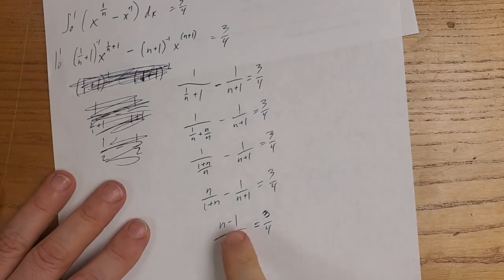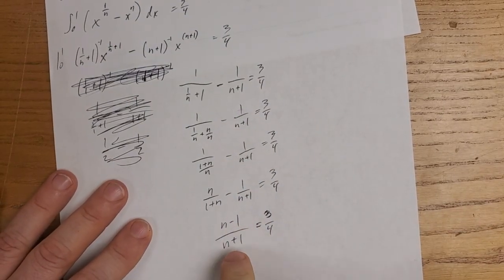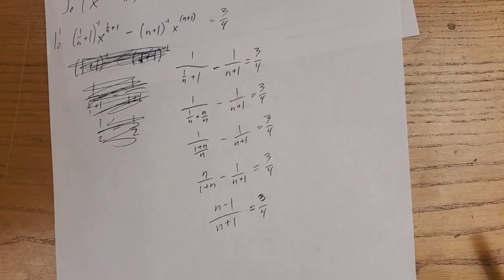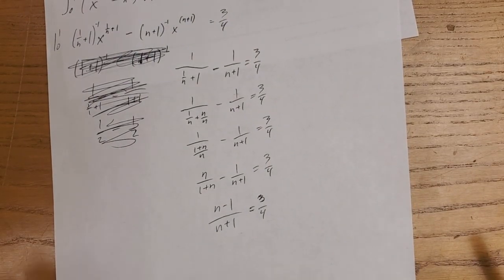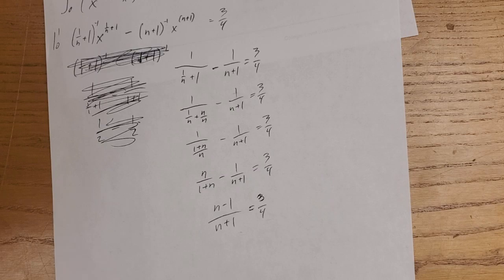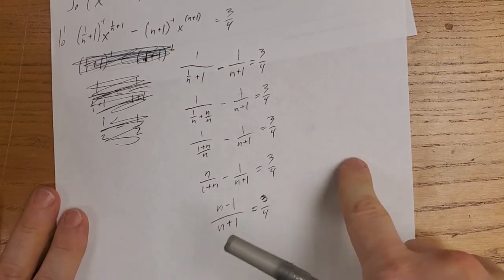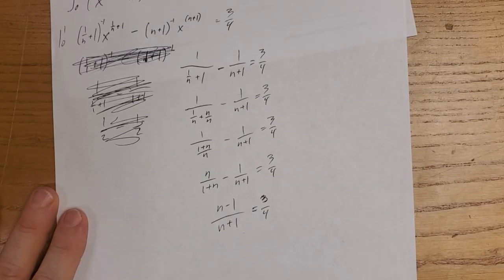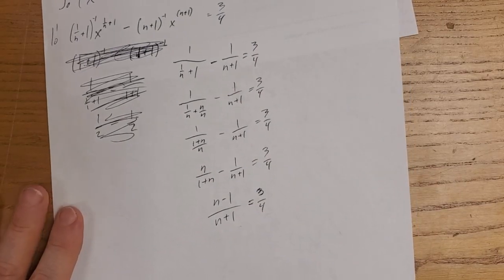So now, n minus 1 over n plus 1 equals 3/4. And we could do more math with this, multiply both sides by n plus 1 and do other math things to solve for that.